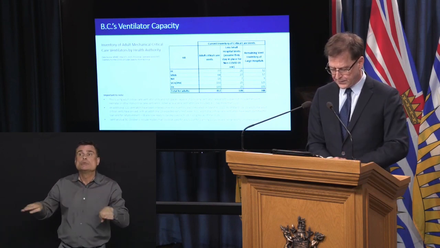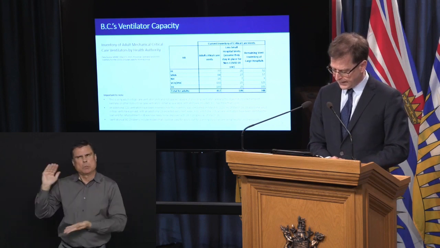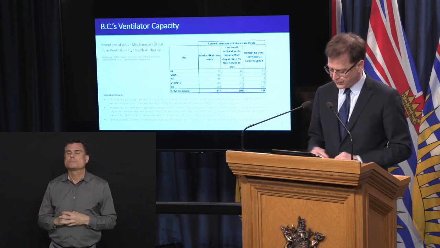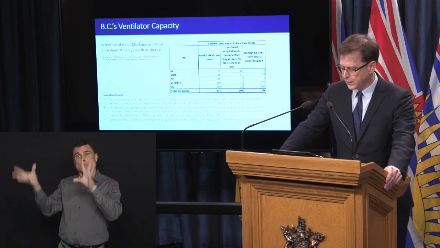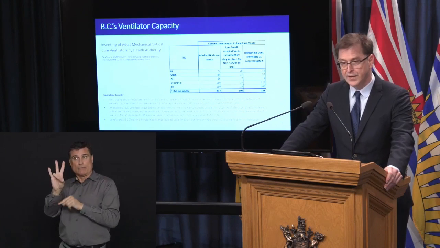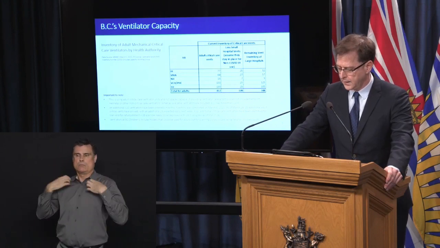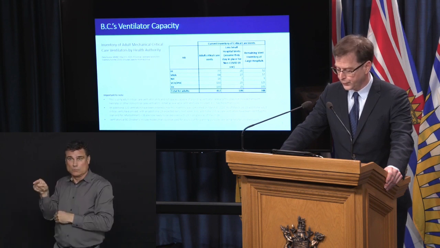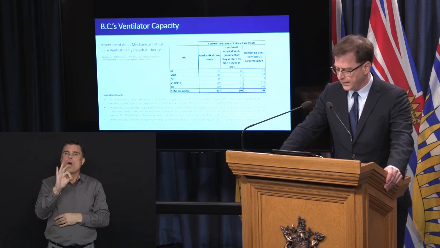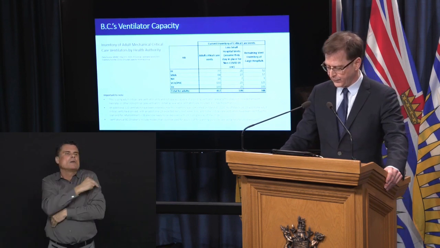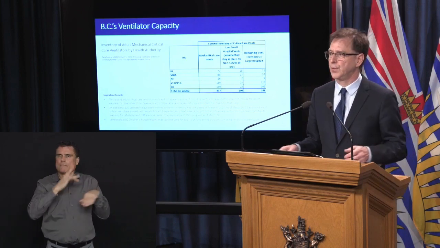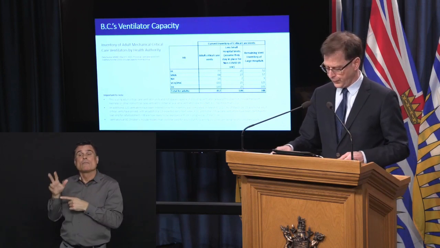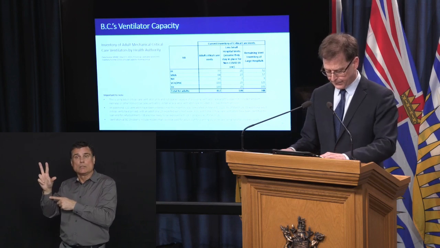So with that, you see that we have in total 457 adult critical care vents. 109 of those are in smaller hospitals. And so that leaves us a total of 348 vents in the 17 hospitals that will be our COVID-19 centers, at least at the beginning.